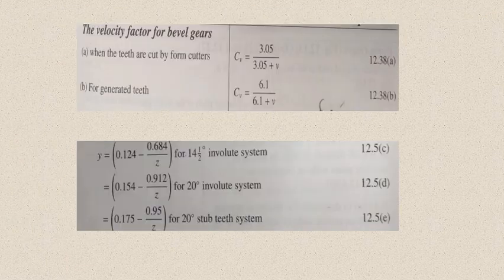These are the two tables to find velocity factor and the value of Lewis form factor. As in the question, generated teeth, the application for which we are designing the gear is about the generated teeth. It means we have to take Cv = 6.1 upon 6.1 plus v.